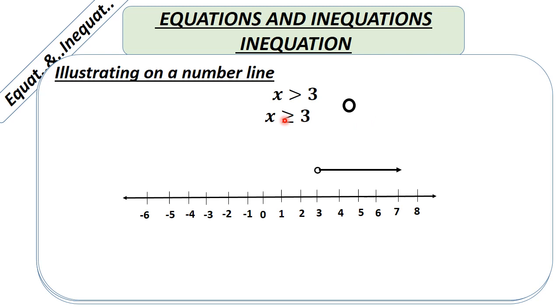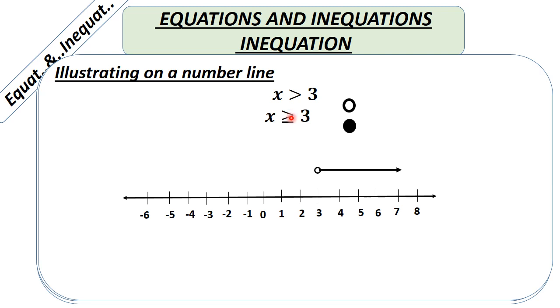So what about greater or equal to? What's the difference between greater or equal to and just greater? The difference is, on greater or equal to, we use a solid circle. A solid circle is one that's not open in the middle like this. So we make sure that we shade everywhere. So x is greater or equal to 3. We put this on 3 and we look at whether it is greater or less.